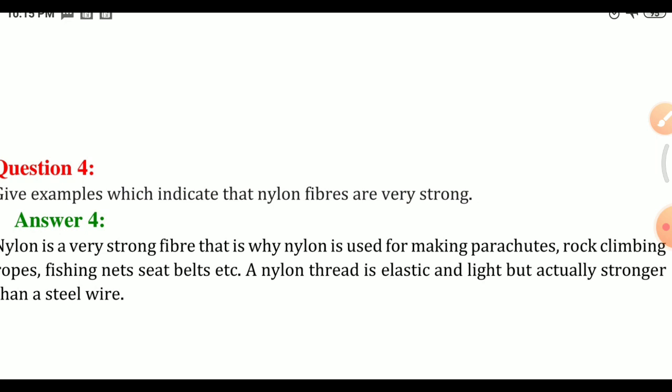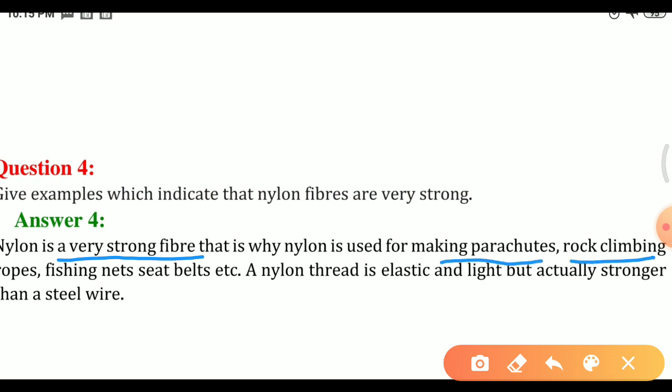Nylon is a very strong fiber. That is why nylon is used for making parachutes, rock climbing ropes, fishing nets, seat belts, etc. A nylon thread is elastic and light but actually stronger than a steel wire.